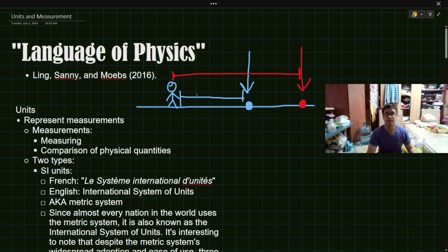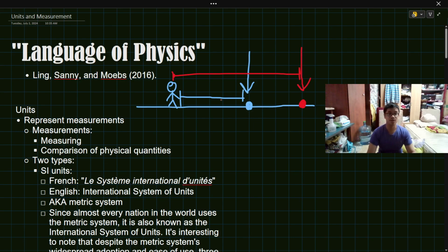And since you're comparing, you also want to know their contrast. What's the difference between these two lengths or two distances? You see, units will help you with that.